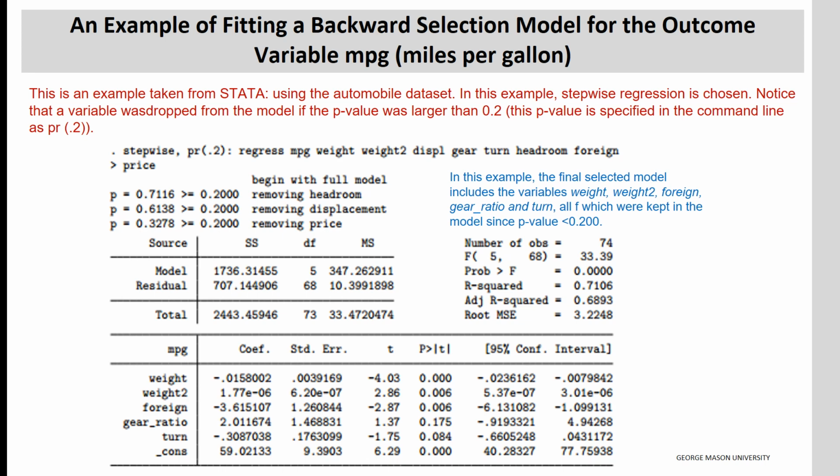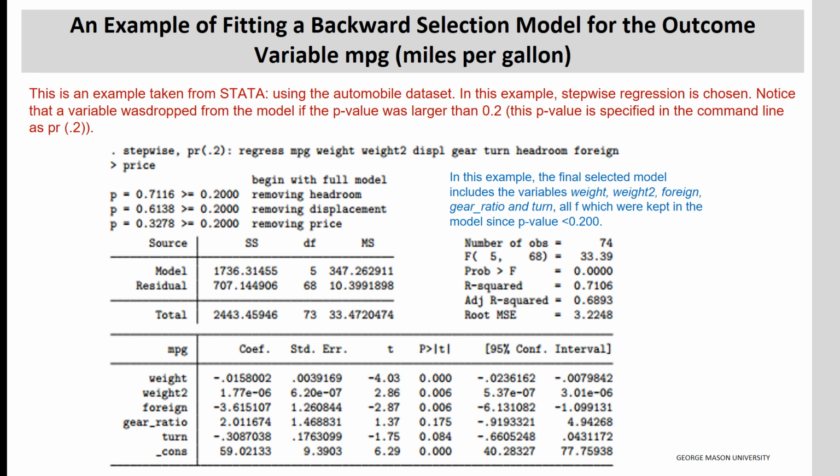As you can see, once this model is run, several variables were dropped out of the model because they did not meet the criterion or the cutoff of the p-value of 0.2. So in this example, the final selected model includes the variables of weight, weight 2, foreign, gear, and turn.